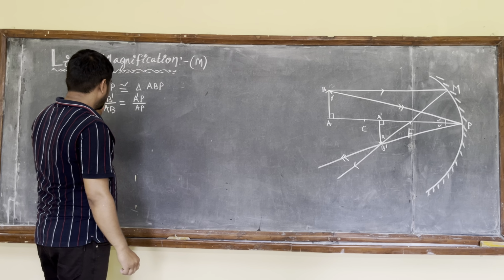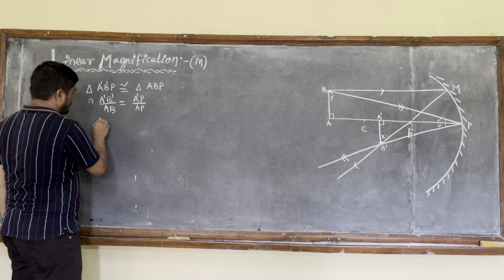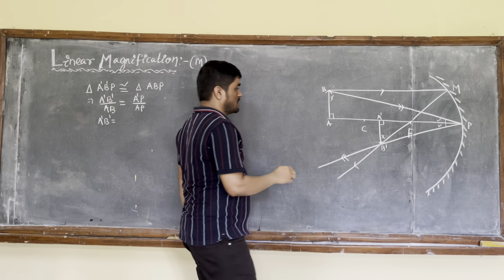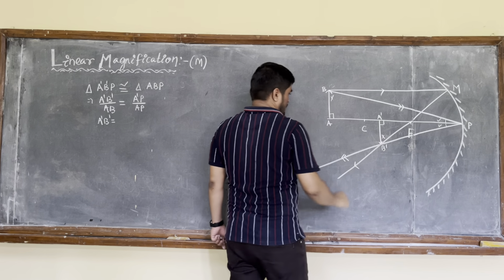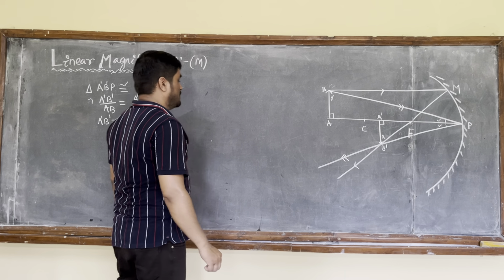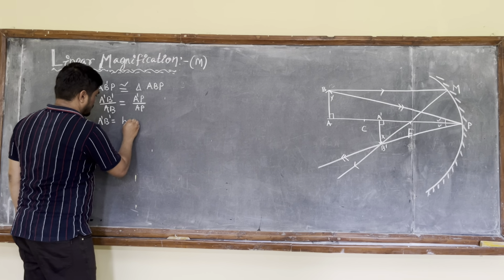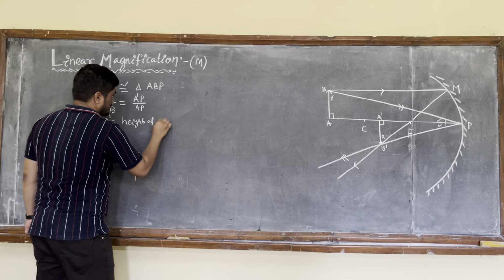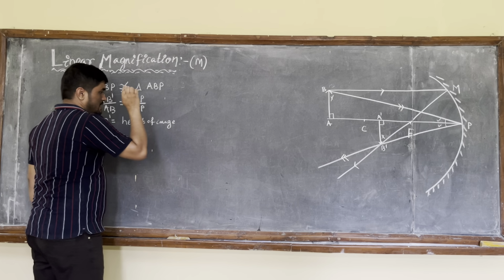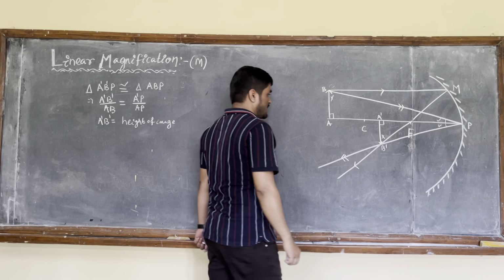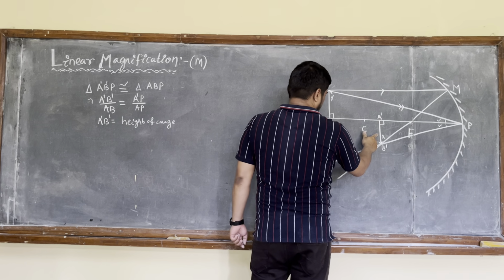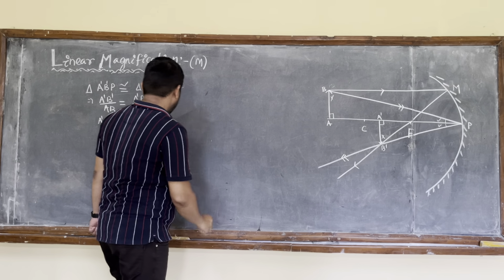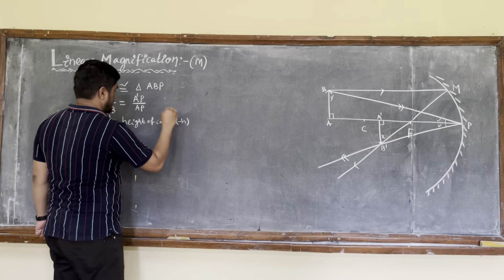And here the distance A dash B dash is the height of the image, and by using the Cartesian sign convention, the image is situated below the principal axis, so this will be minus h.